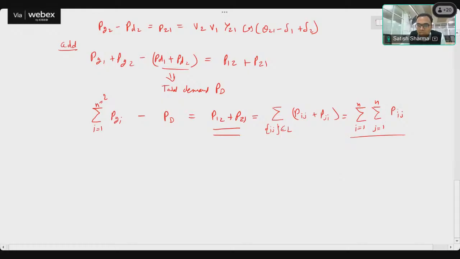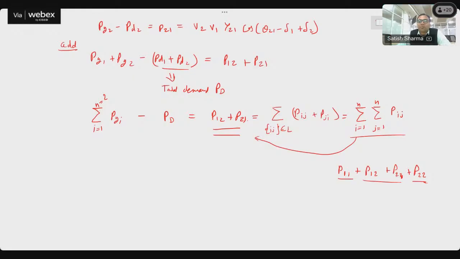If I simply look at this one, whether this term represents this or not: for i equals 1, it will be P11 plus P12 plus P21 plus P22. If I remove the self terms, this is nothing but P12 plus P21. Is this clear?